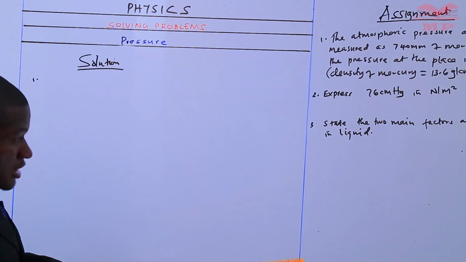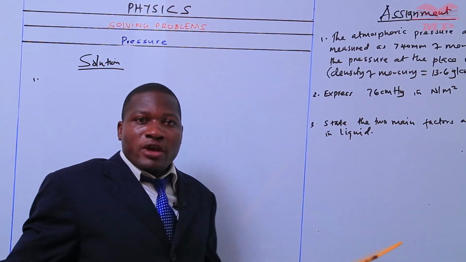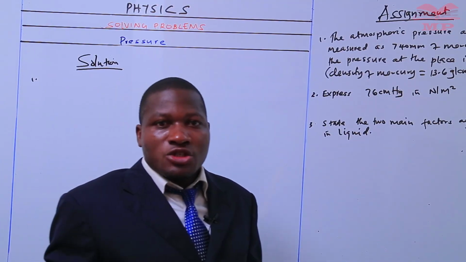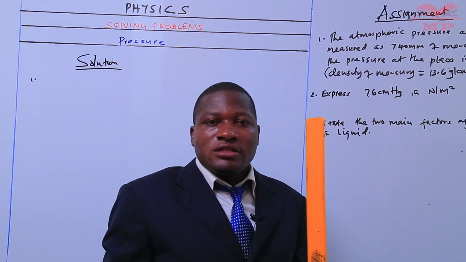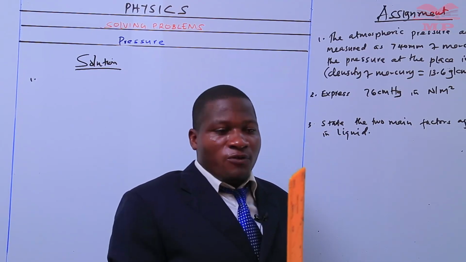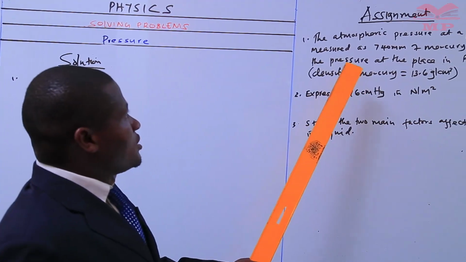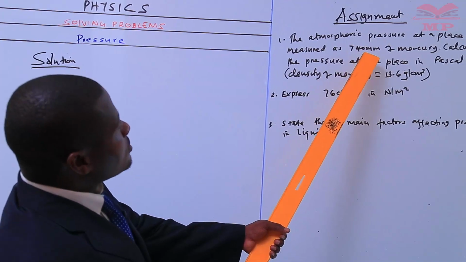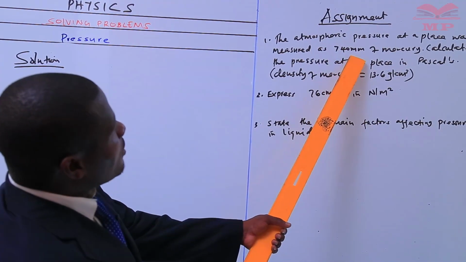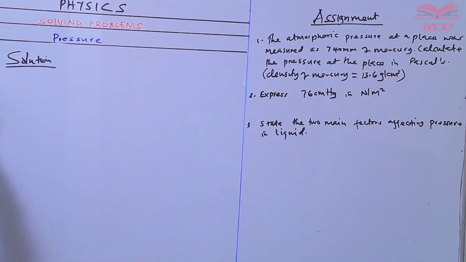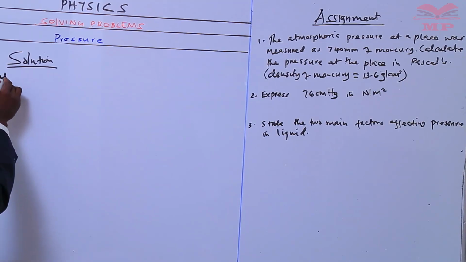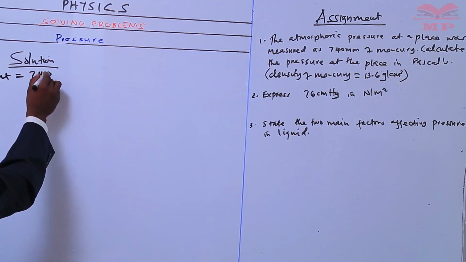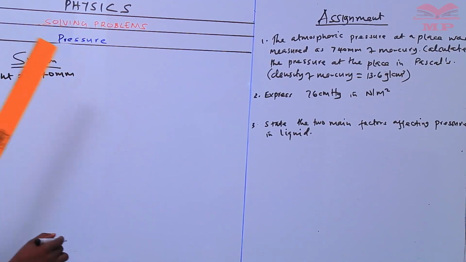I always say that whenever you get a question that involves some calculations, kindly list down the parameters that you have been given. For instance, we have been given height as 740 millimeters.